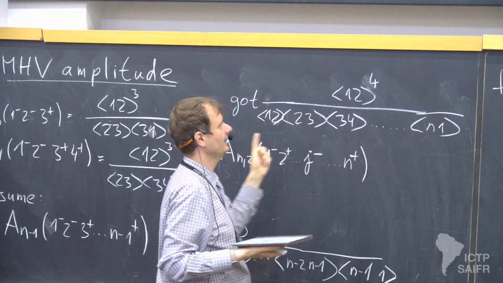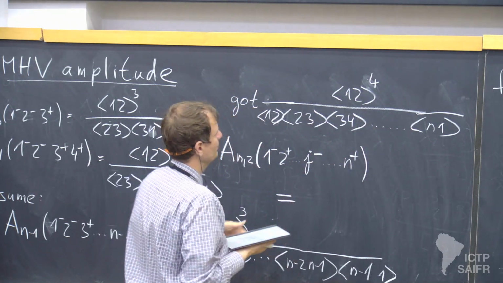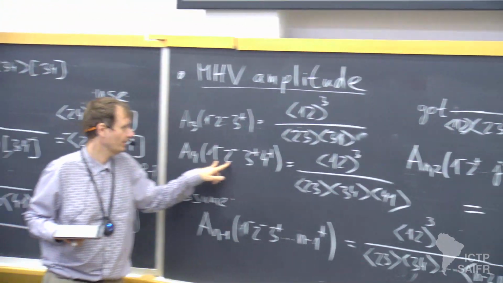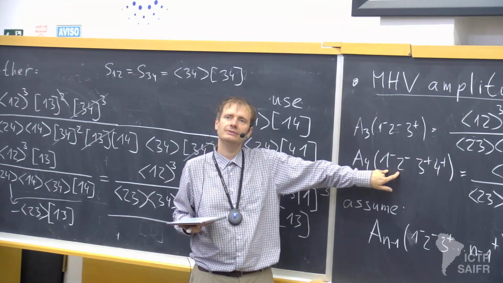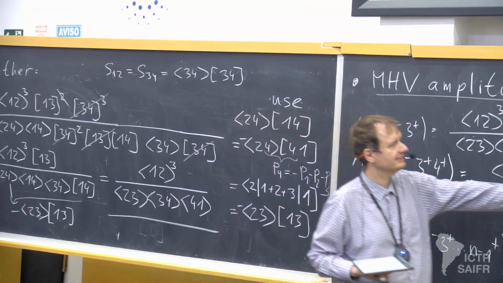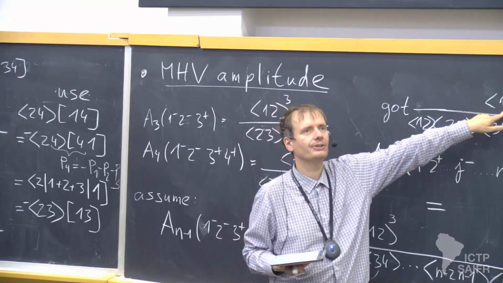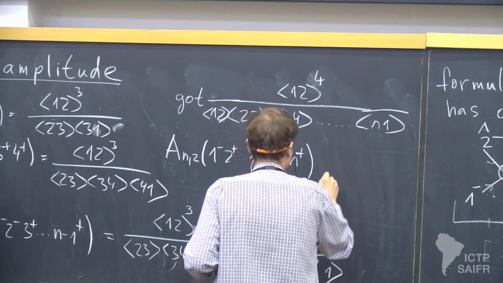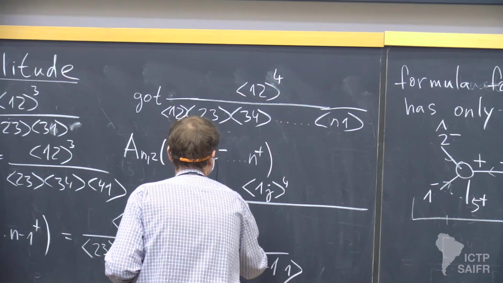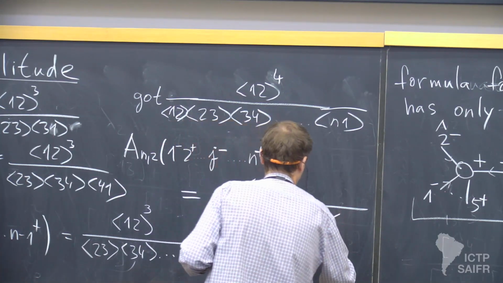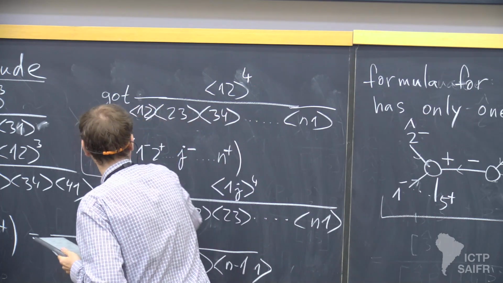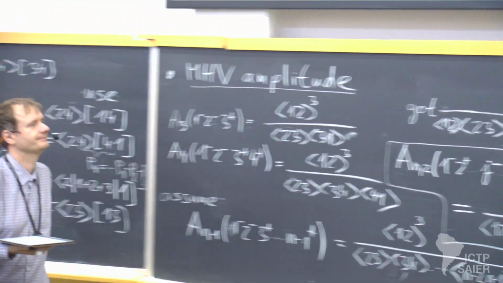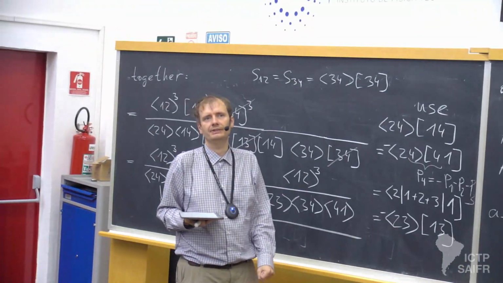Nothing would be missing. This ⟨1 2⟩ to the 4 is the so-called helicity factor. It came from the fact that 1 and 2 were the negative helicity. If you have something else with negative helicity, then the equivalent factor will go into the numerator. So here the factor will be ⟨1 j⟩ to the 4 divided by this sequence ⟨1 2⟩⟨2 3⟩ up to ⟨n 1⟩, without any kind of holes in it. And you can also prove it using BCFW.